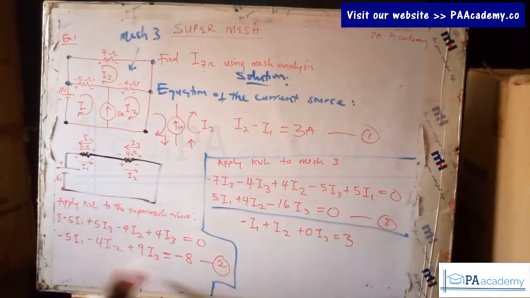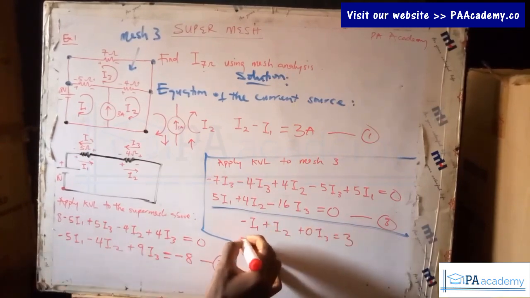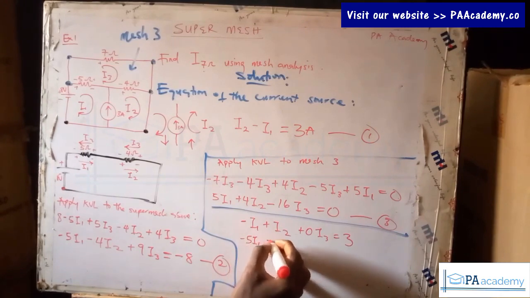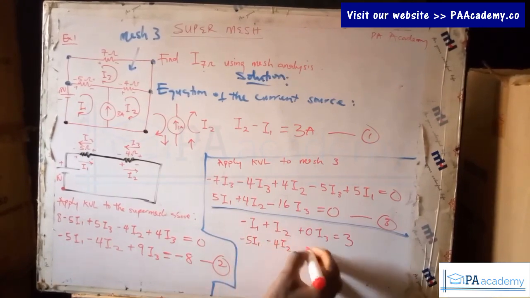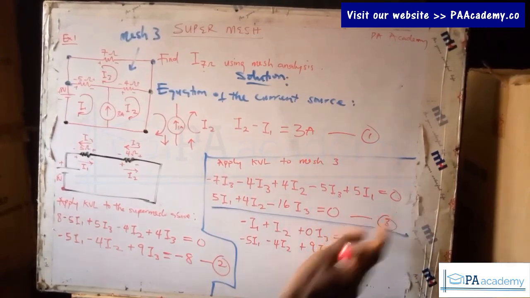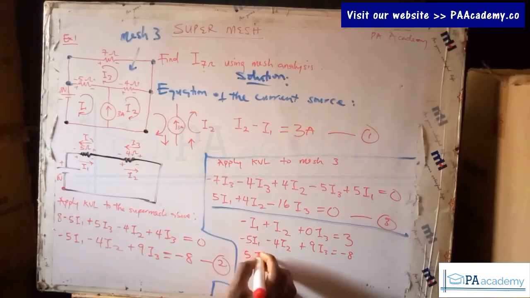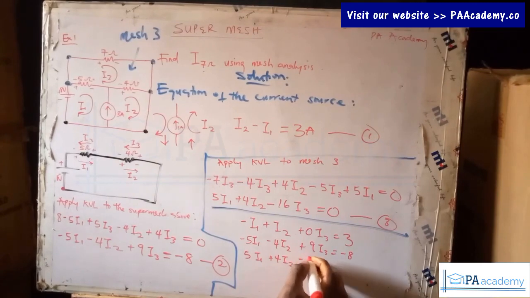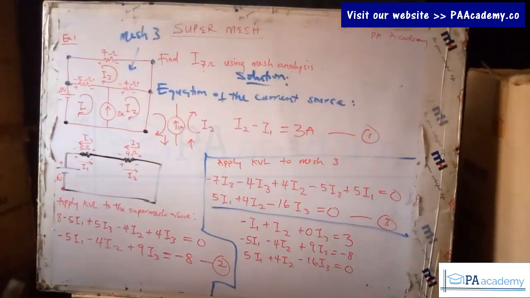Then equation 2 is minus 5 I1 minus 4 I2 plus 9 I3 equals to minus 8. And for equation 3, we have 5 I1 plus 4 I2 minus 16 I3 equals to 0. These are the 3 equations, and if you solve it simultaneously, you will get your answer.